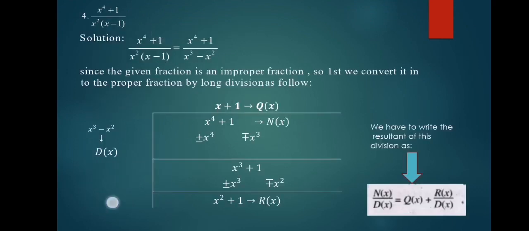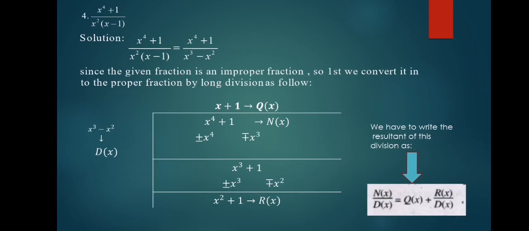We have to write the result of this division as N(x)/D(x) = Q(x) + R(x)/D(x). Here in this form we will write the appropriate terms in their respective positions.